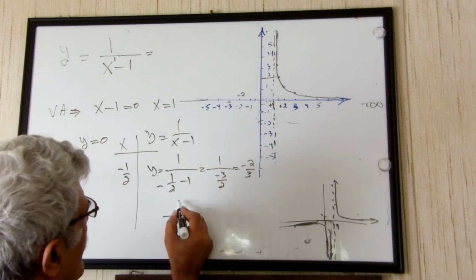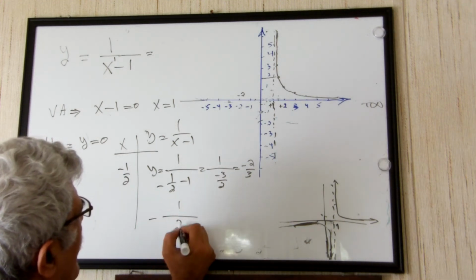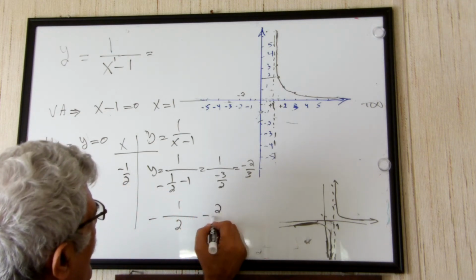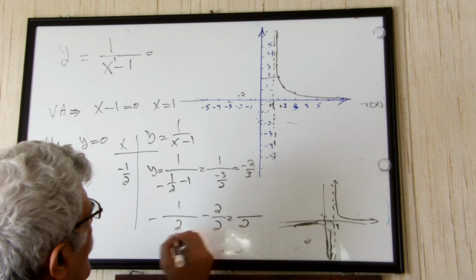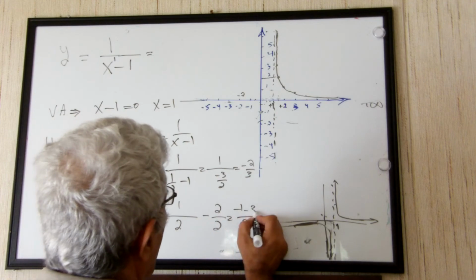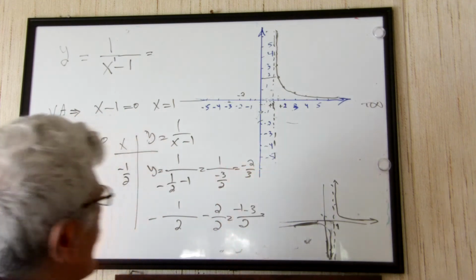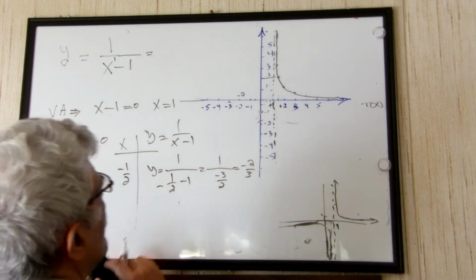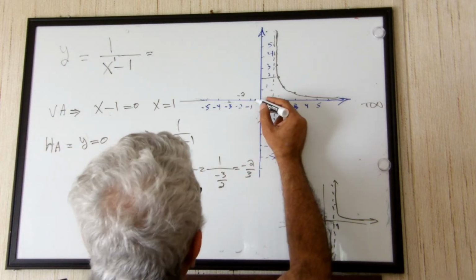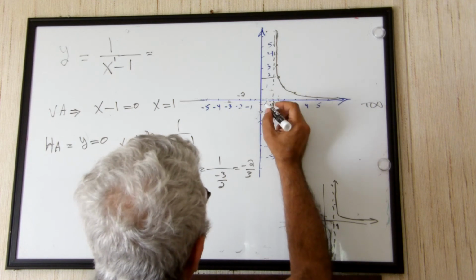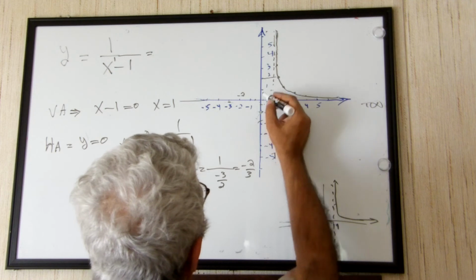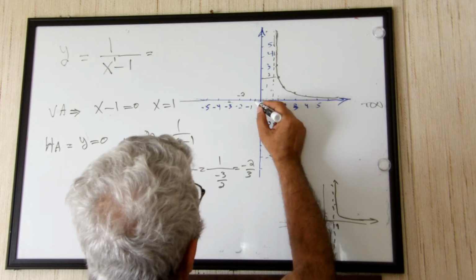Because we make the common denominator, 2 minus 1 minus 2 is minus 3 over 2, and inverted is minus 2 over 3. So at x equals minus 1 over 2, y is minus 2 over 3, which is about 0.6. It's going to be something like that here.